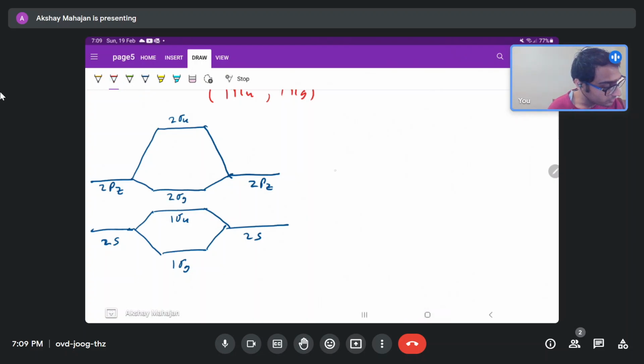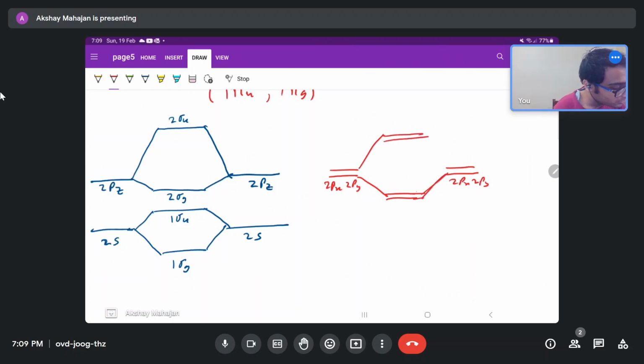Then we will also have the other orbitals, 2px and 2py, the pi orbitals. Since they are degenerate, they will also form degenerate energy levels. This will be our 1 pi u. This is our 1 pi g.